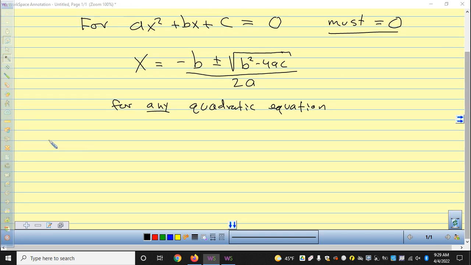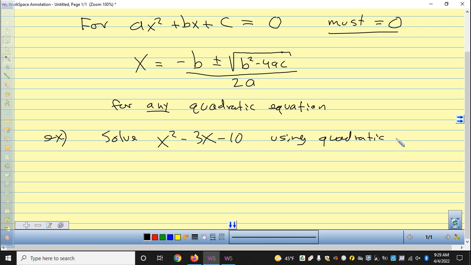All right, so let's look at a couple of examples. So we want to solve x squared minus 3x minus 10 using the quadratic formula. Now, before I start, could we solve this one by factoring?